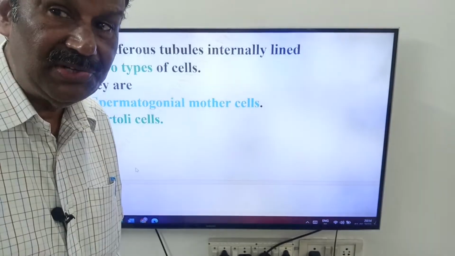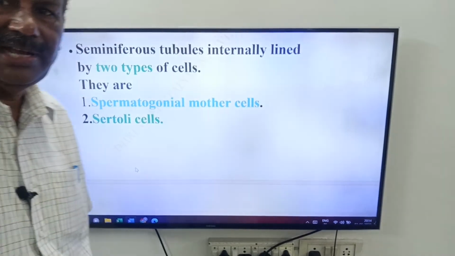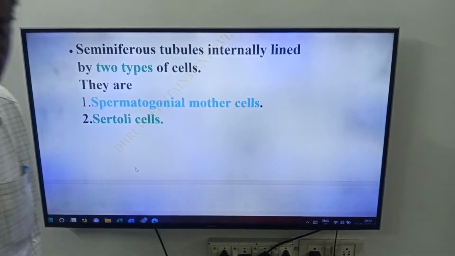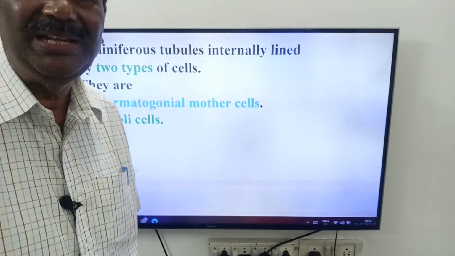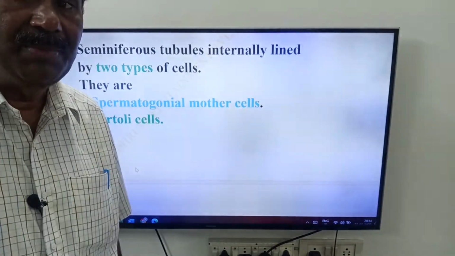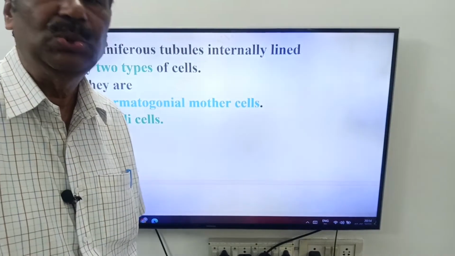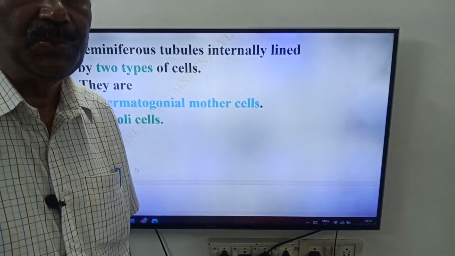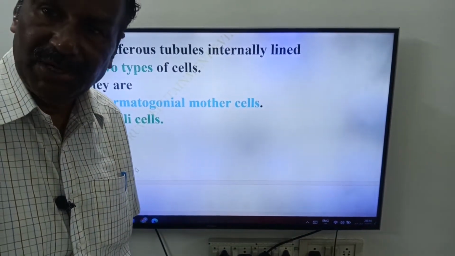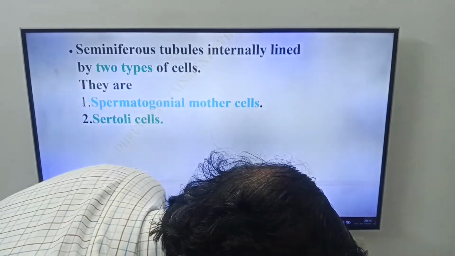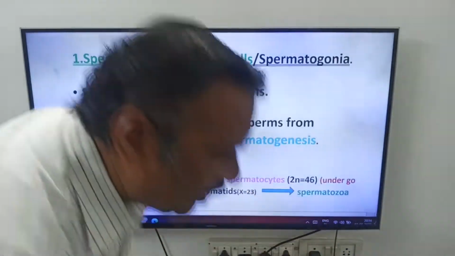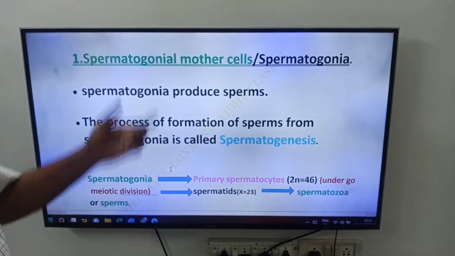And the second one is what, friends? Sertoli cells. These cells are present in the seminiferous tubules. Now come to spermatogonia.